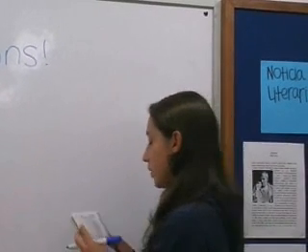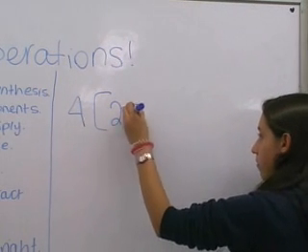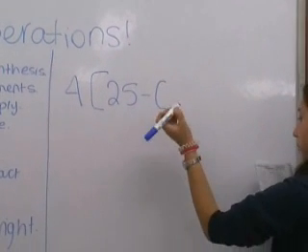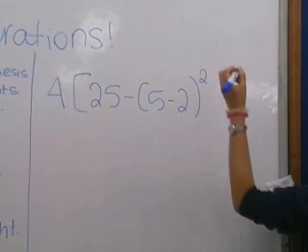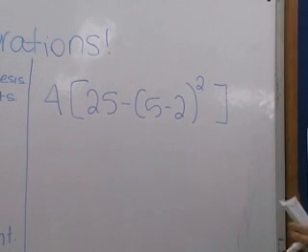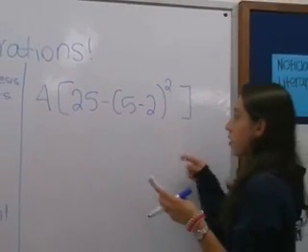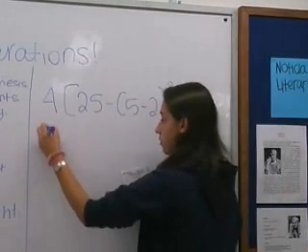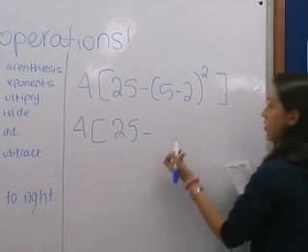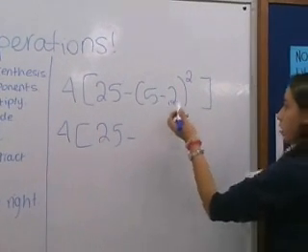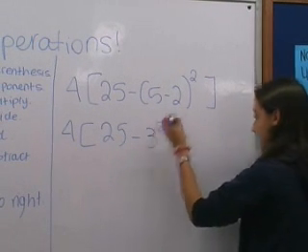So, an example will be 25 minus, open parenthesis, 5 minus 2, close parenthesis, to the power of 2, and the brackets. So, there are two grouping symbols, so you have to resolve them. And put 4, the brackets, 25, minus, so you resolve 5 minus 2, and it will be 3, and you put to the power of 2 because there is.